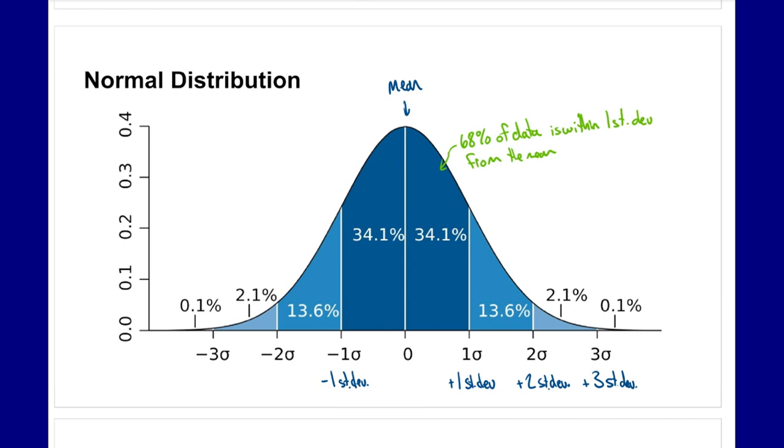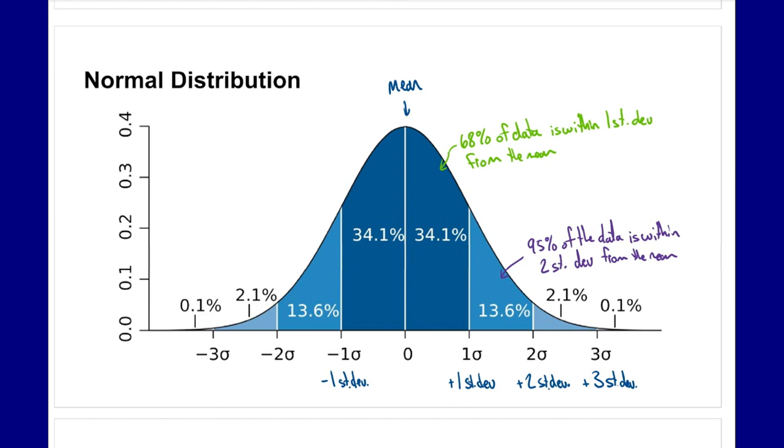When we move 2 standard deviations away, we find that we add 13.6% of data on either end. So this is telling us that 95% of the data is within 2 standard deviations from the mean. And then lastly, 3 standard deviations.